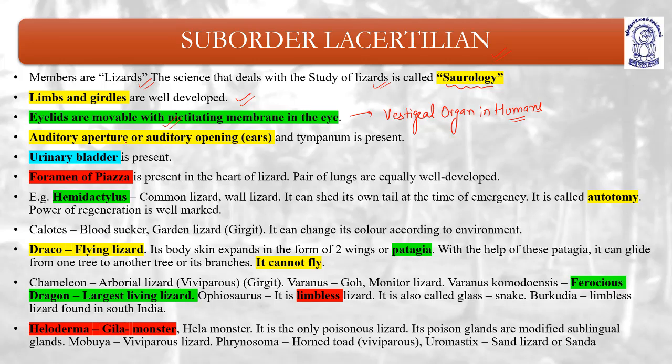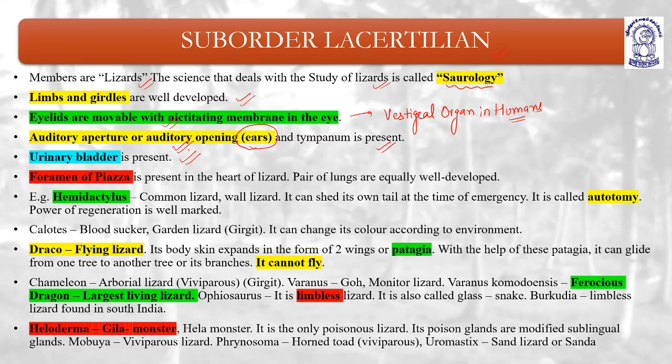For the very first time, suborder Lacertilia comes with an auditory aperture, meaning the external auditory meatus or auditory opening, true ears. They were first seen in Lacertilia, and the tympanum is also present.